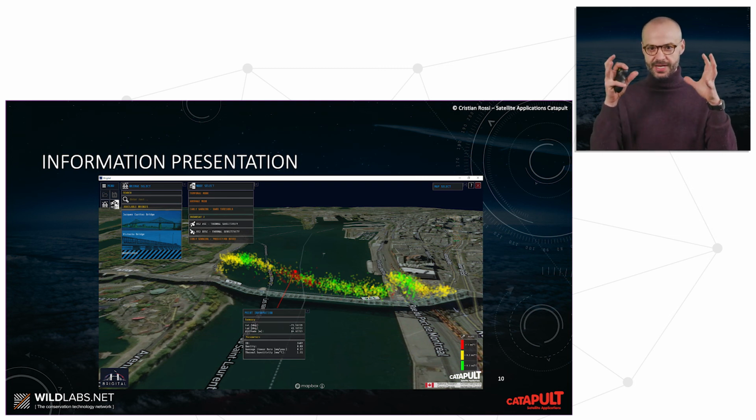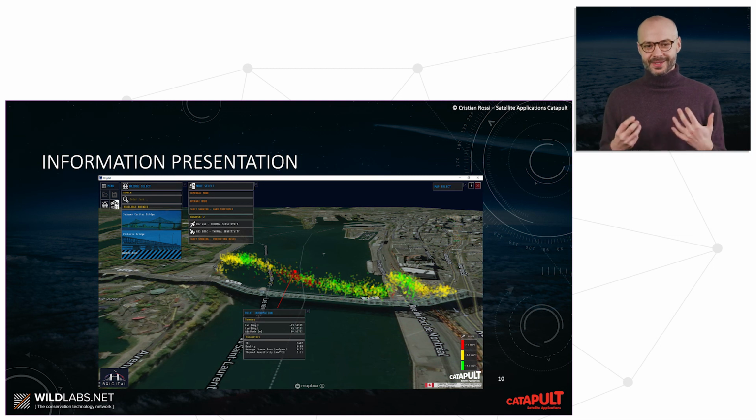We present it in a 3D way with several layers of information. We create a platform around it, and we do this in a sort of fancy, catchy way. So I want to stress that it's very important to present the information properly. So we have seen these 4 different steps of the remote sensing process.